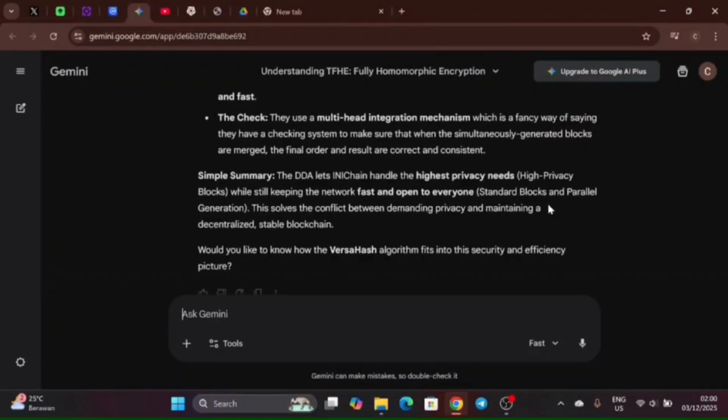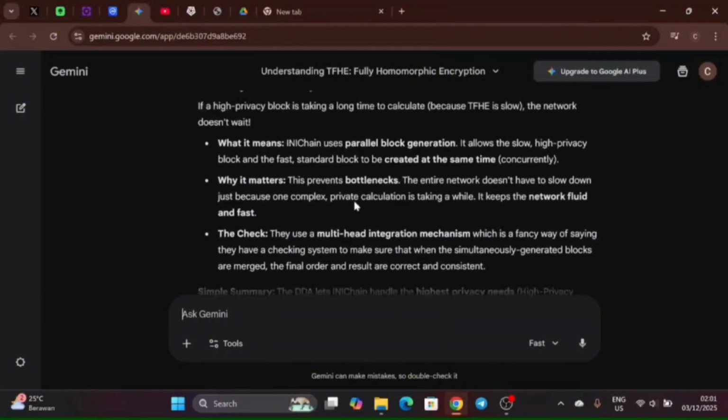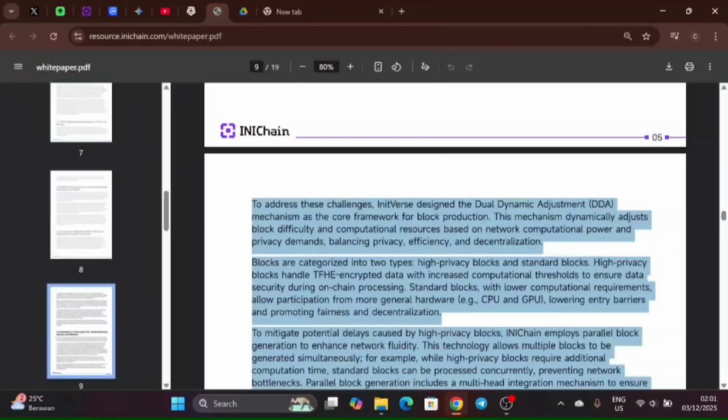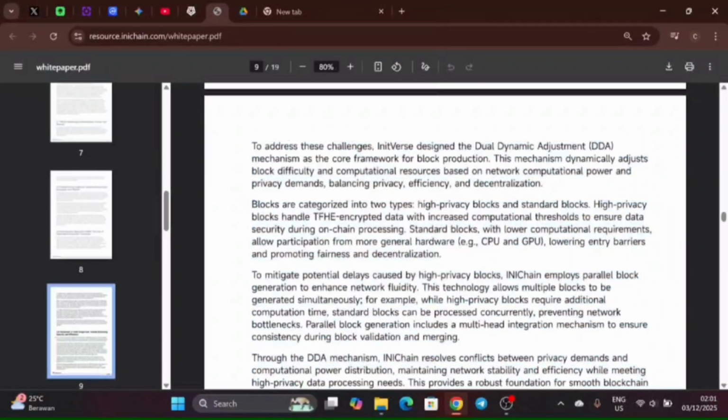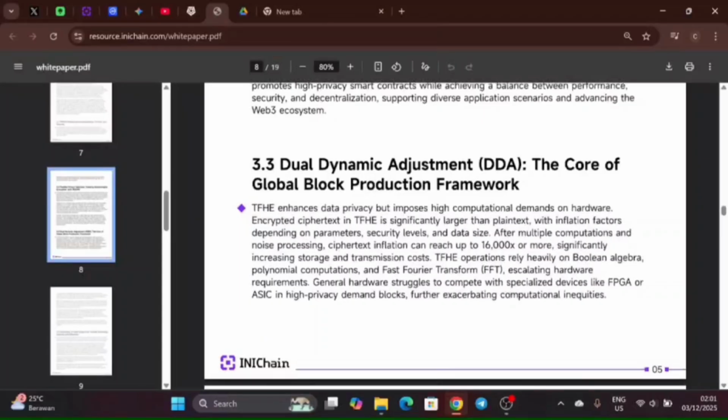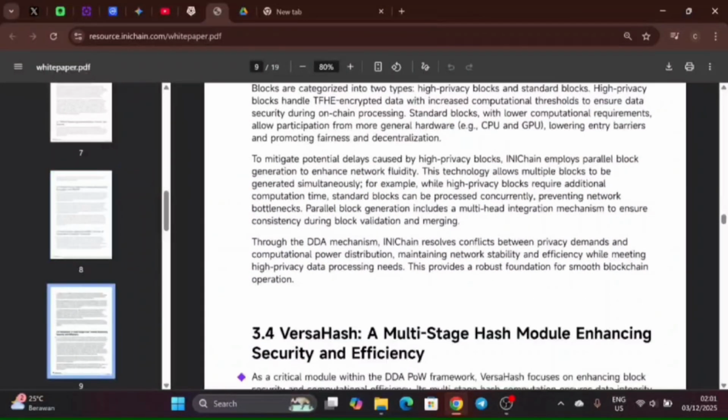With standard blockchain parallel generation, it solves the conflict between demanding privacy and maintaining a decentralized and stable blockchain. It's interesting, this is the problem they address.